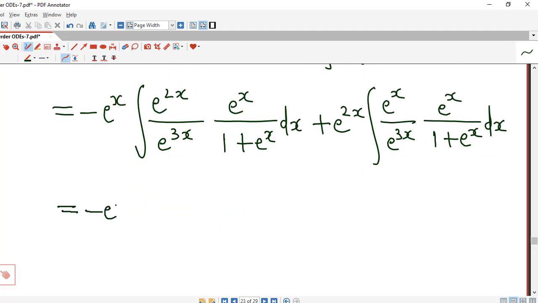So now this we can rewrite as follows. Here we can see e raised to 2x into e raised to x, that is e raised to 3x, that will cancel out with this e raised to 3x.